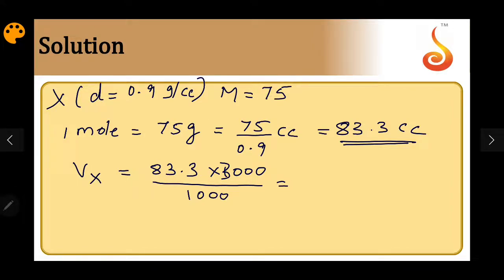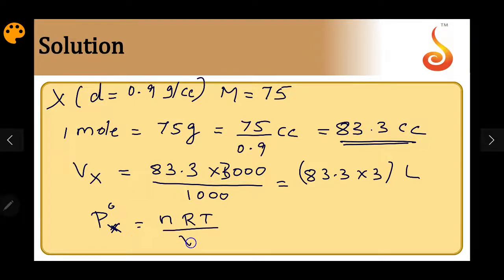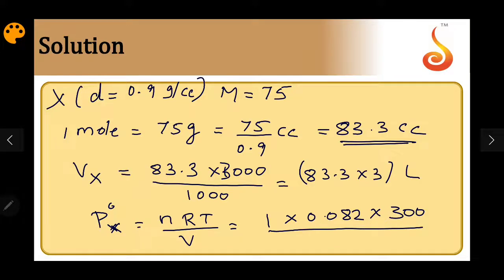So it becomes 83.3 into 3 liters. So I know PV is equal to nRT. So P is equal to P naught X is equal to nRT by V. n is 1 mole, R is 0.082, T is 300 and the volume is 83.3 into 3.